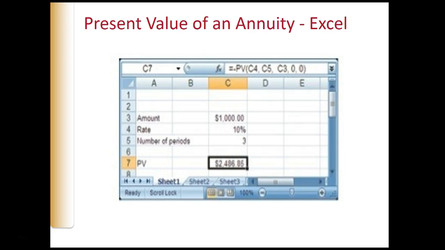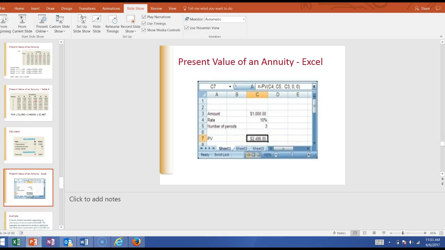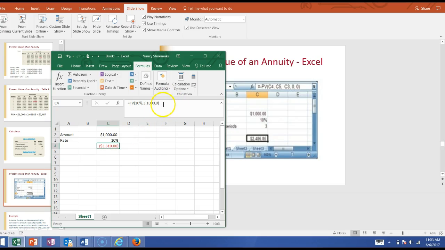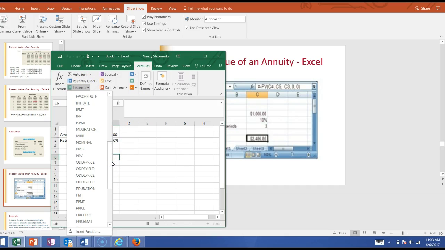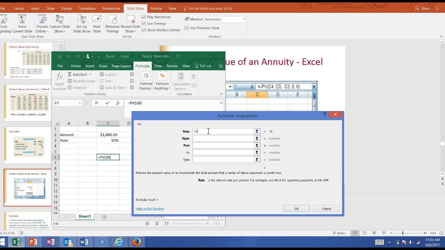Once again, we can use a calculator to calculate this information, or we can use Excel, where we calculate the present value at 3 periods and $1,000 a period. I'm going to try to do this in Excel. So instead of future value, we now are going to go to Financial. We'll go to the present value, and the rate is 10%.